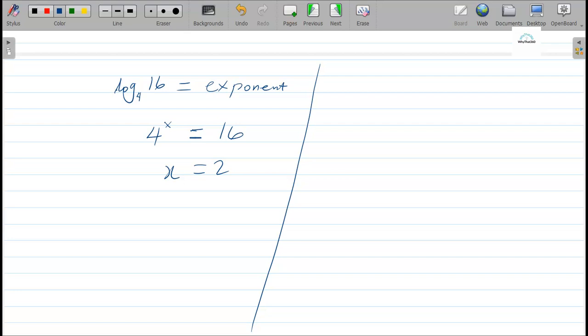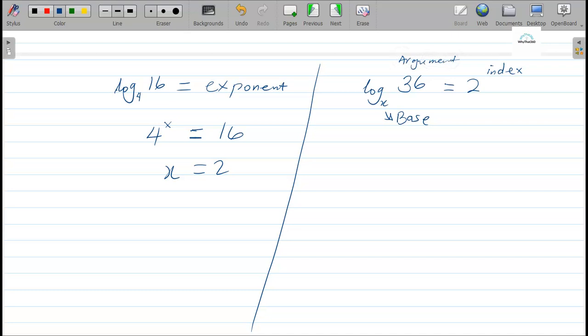For example, log 36 to the base x is equal to 2. Here x is the base and 2 is the index, the exponent, the power. And 36 is the argument.